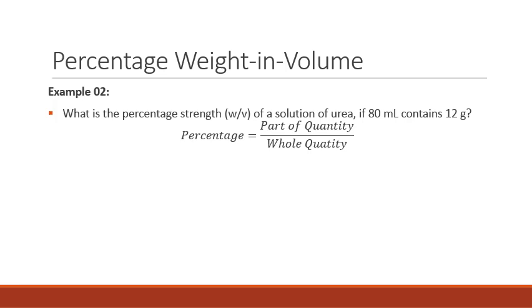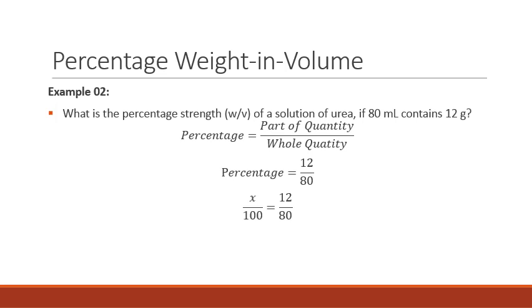So if we put these values into the equation, percentage will be equal to 12 by 80. Now here percentage will be equal to x upon 100. We want to know in 100 parts how many parts of urea are present.